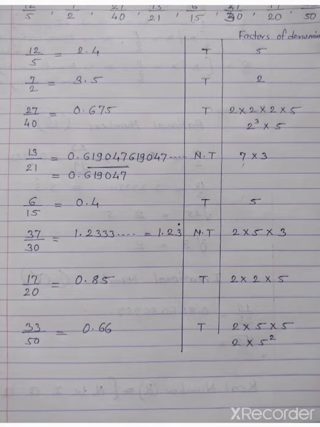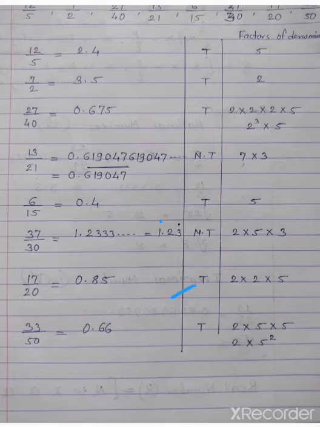Now observe all these prime factors and try to find the correlation between terminating, non-terminating and the prime factors. In the first terminating number the prime factor is 5, in the second terminating number it is 2, in the third terminating number it is in the form of 2 and 5. But in the non-terminating number it is 7 and 3. Again, in this non-terminating number it is in the form of 2 and 5, but 3 is also with it.